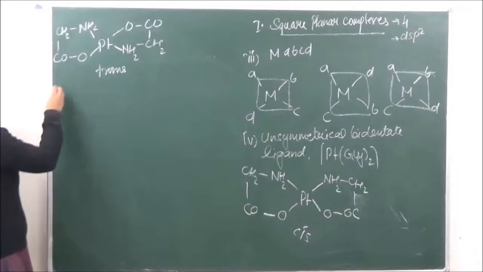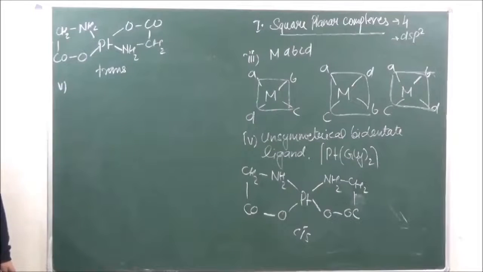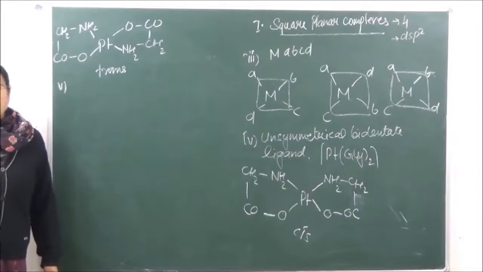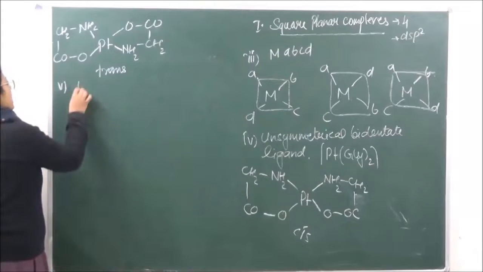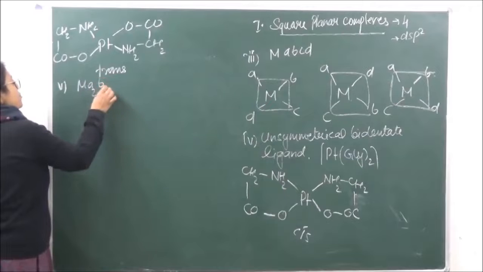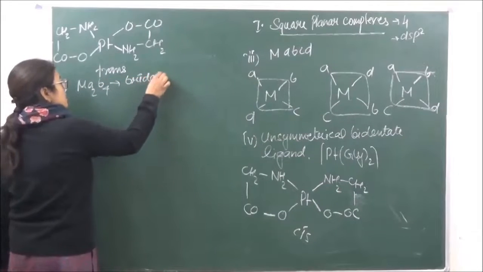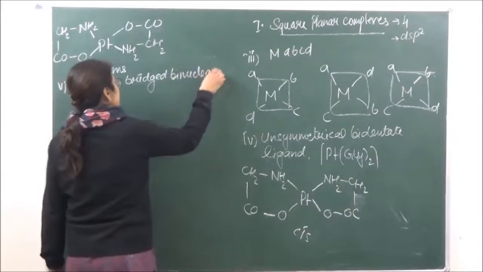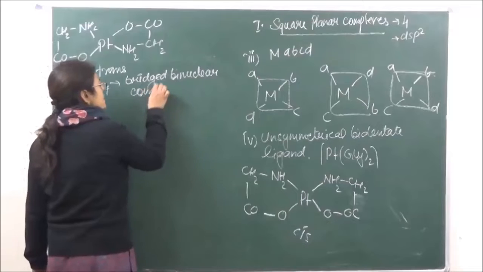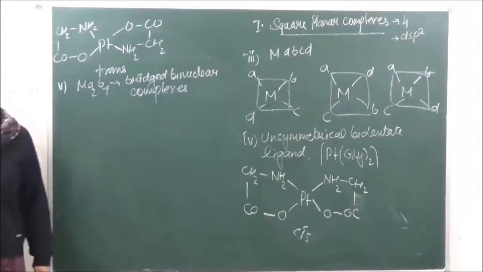Okay, then we have the fifth kind of compounds over here. It's also observed in bridged binuclear complexes of the type Ma2B4. Bridged binuclear complexes, right?